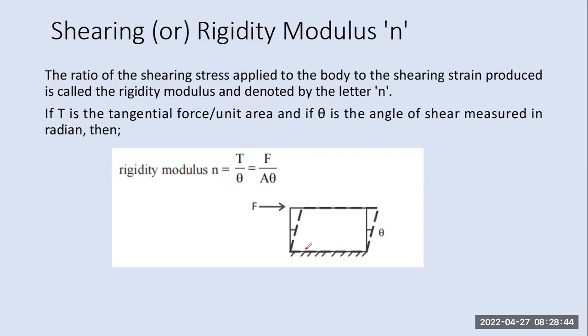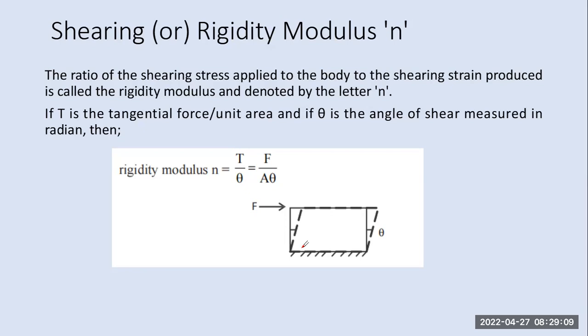So next is our shearing or rigidity modulus, and it is represented by small letter n. It is the ratio of the shearing stress applied to the body to the shearing strain produced, and it is called the rigidity modulus, denoted by the small letter n.